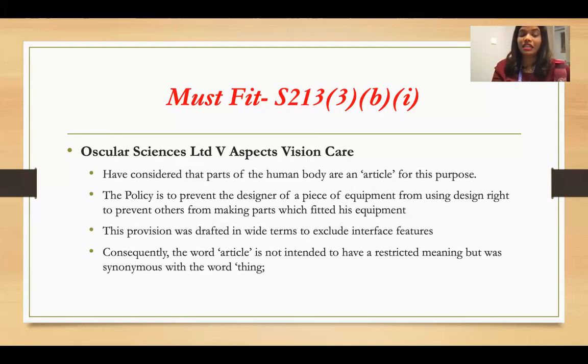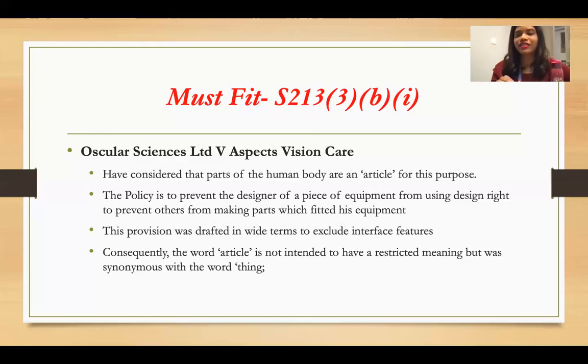The next question that Oscular also asked is whether a human body part, and here when you speak about parts of the human body, he's not trying to tell you your hands, legs, and so on. He's trying to ask about contact lenses, gloves: are these all considered to be an article for the purpose of Must-Fit or not?